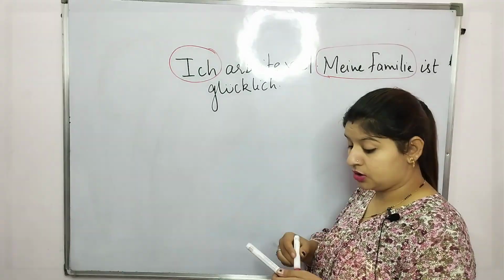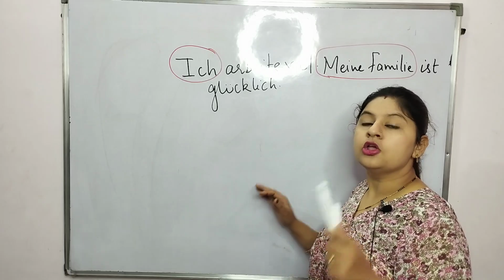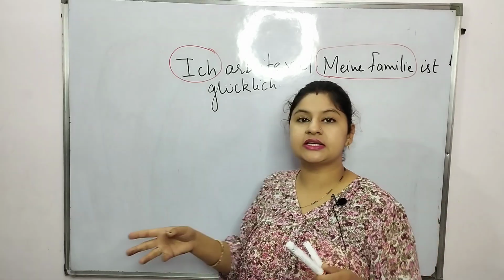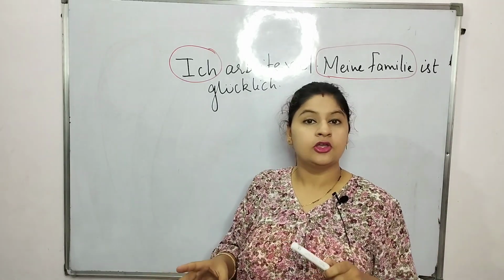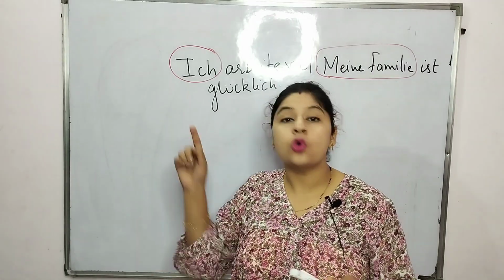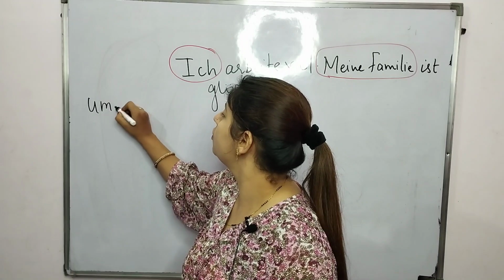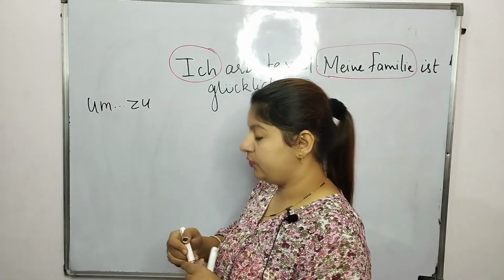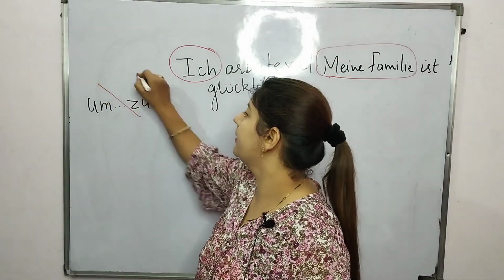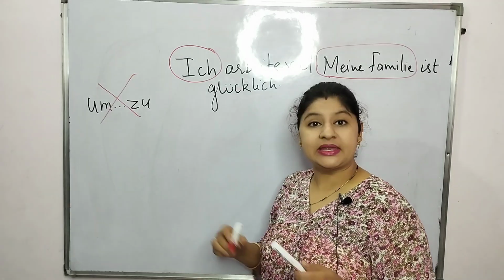When we have two different subjects in both sentences, we will not use um zu. We use only damit.